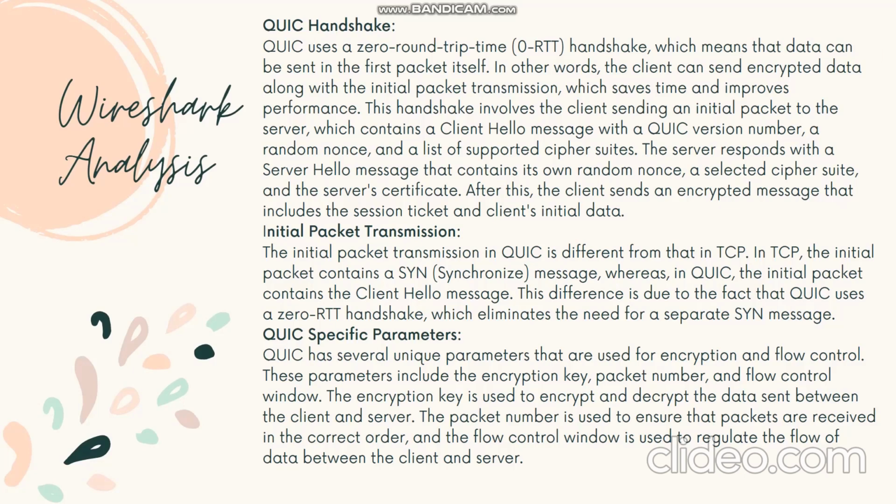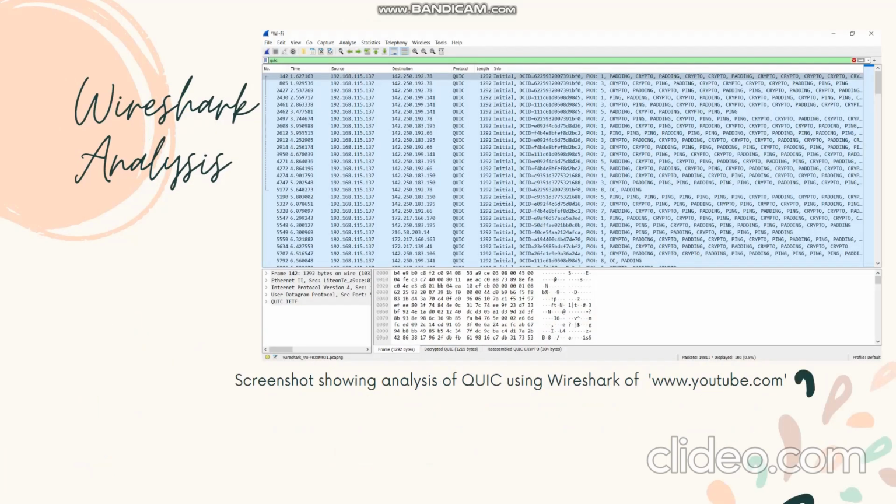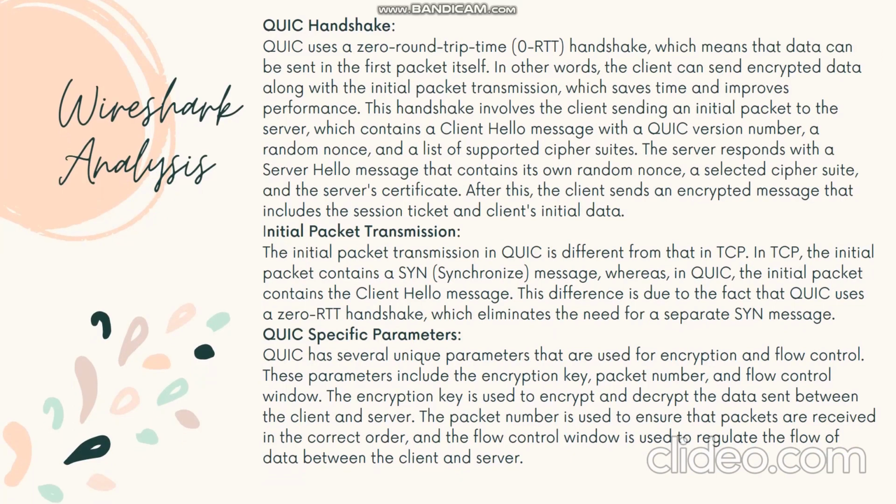This handshake involves the client sending an initial packet to the server, which contains a client hello message with a QUIC version number, a random nonce, and a list of supported cipher suites. You can see the QUIC DCID there is 62259. Then the initial packet transmission.